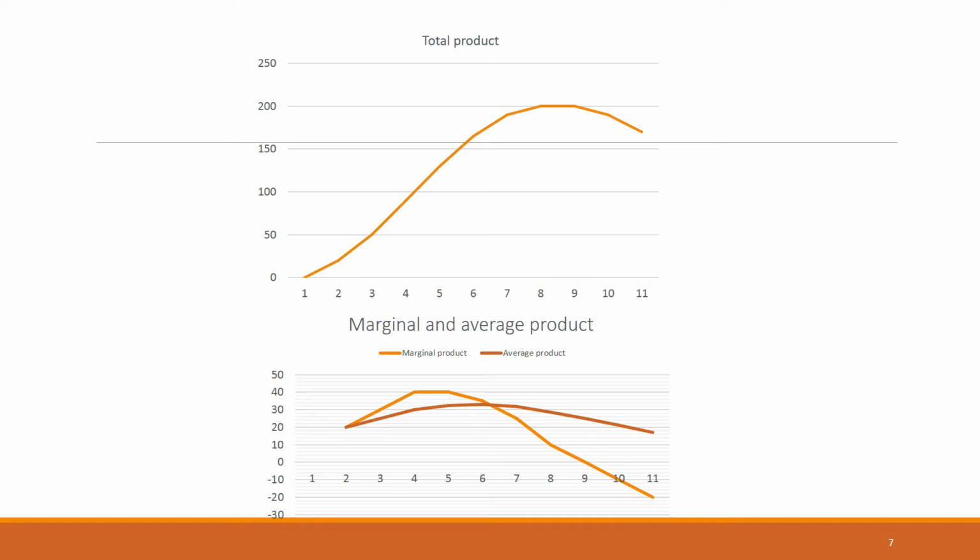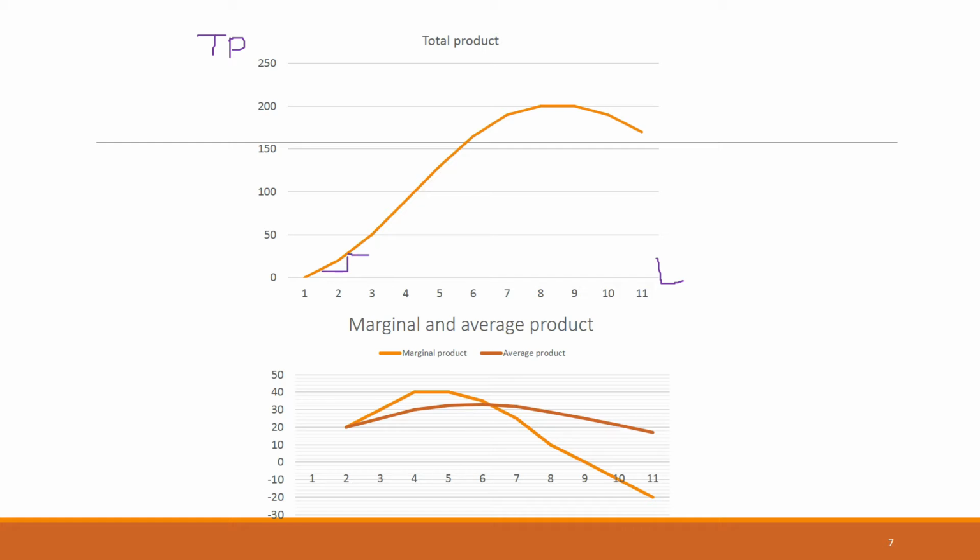Okay, now you can see, and this takes us back to one of the earlier slides, that on the total product curve, total output increases at a faster rate over here as we add more and more units of labour. Total product rises at a faster and faster rate over here.